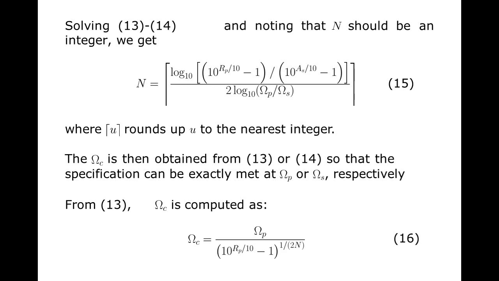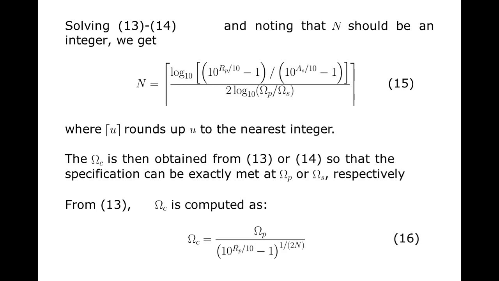So log of 10 raised to RP by 10 minus 1 upon 10 raised to AS by 10 minus 1 upon 2 log 10 ohm P by ohm S, where the order is rounded up to the nearest integer. It is not u, it is n.